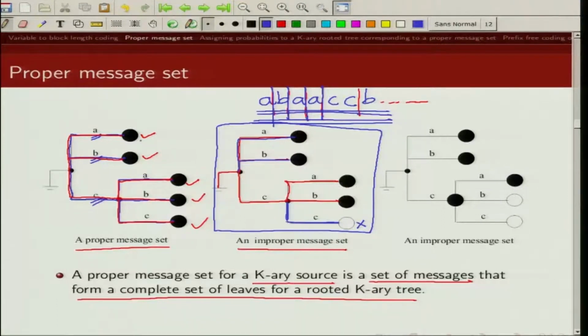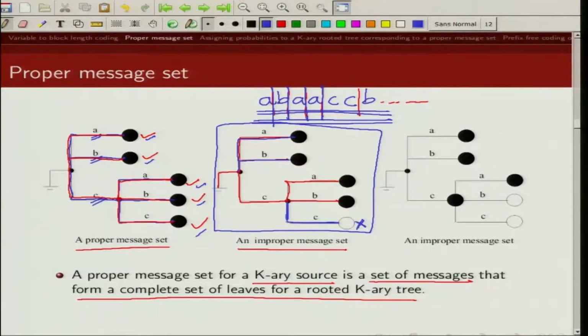So in a proper message set, we are using all the leaves of a k-ary rooted tree, whereas in an improper message set, we are not using some of the messages. So clearly we cannot parse a source using an improper message set.